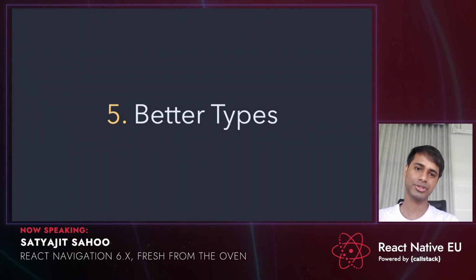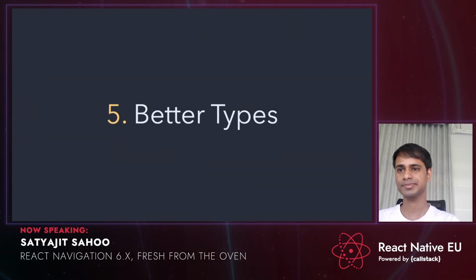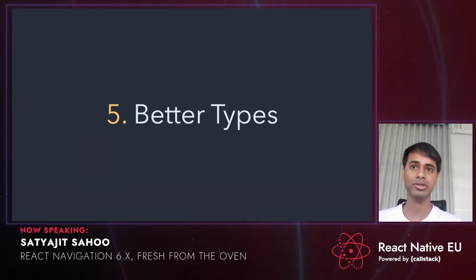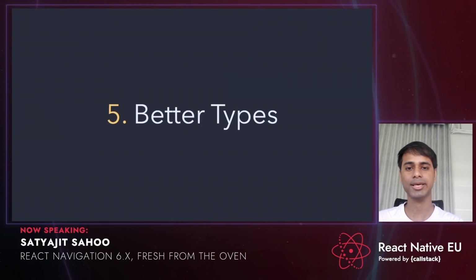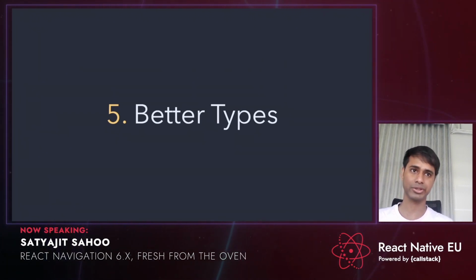So next thing we wanted to focus on was better types. React Navigation 5 had much better types than React Navigation 4, but some things like useNavigation were still untyped by default. You could navigate to any random string and it won't give you a type error. So we wanted to change that and make them more type safe.